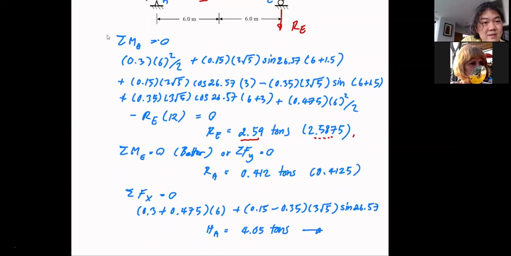Okay, one second. Okay, so with that, now you can easily proceed to finish everything off in the same manner. Okay, so let's look at the first free body diagram of member AB.